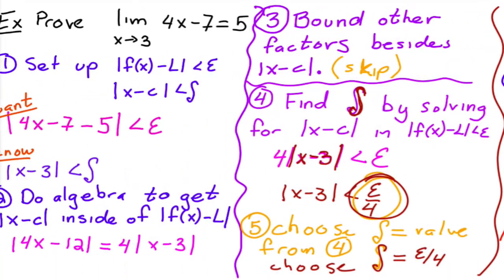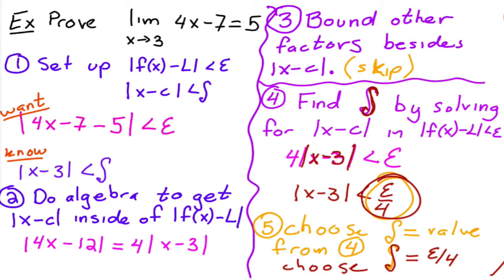So let's go back through again to see if that makes sense. Step 1, you set up |f(x) − L| and |x − c|. Step 2, you write f(x) − L so that you have x − c inside of it. That's why we factor out the 4. Step 3, we skip for this one, but we'll do one in the next one. Step 4 is to find what delta is going to be by solving for x − c in |f(x) − L| < epsilon. Once you do that, you choose delta to be that value.